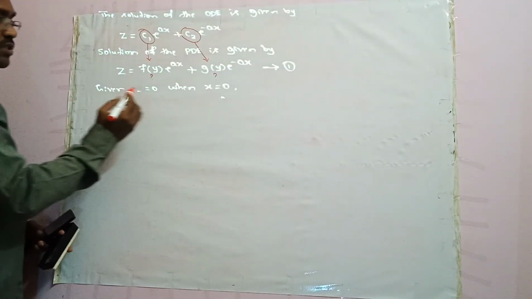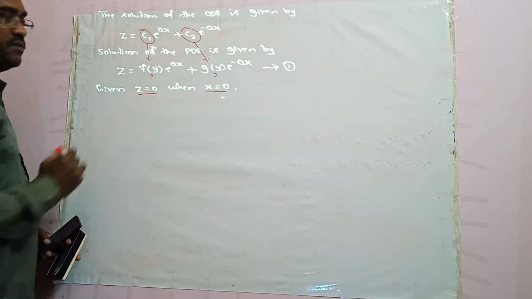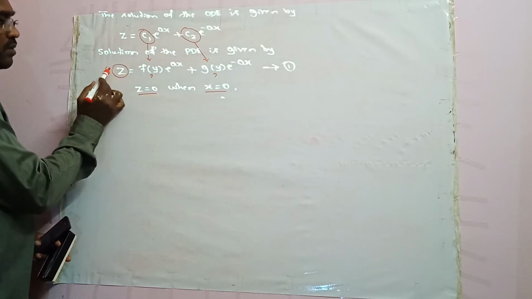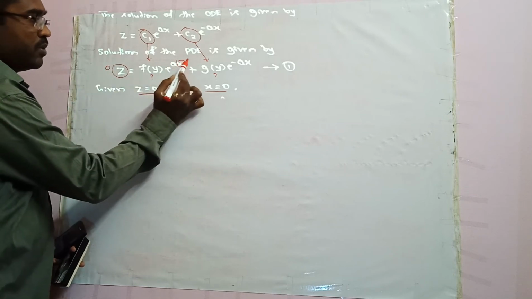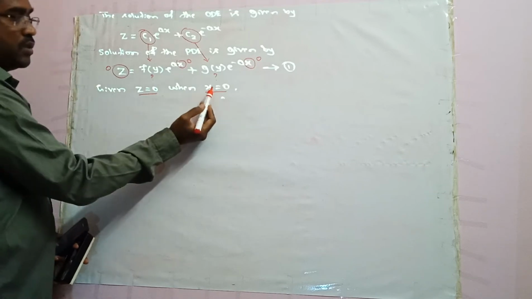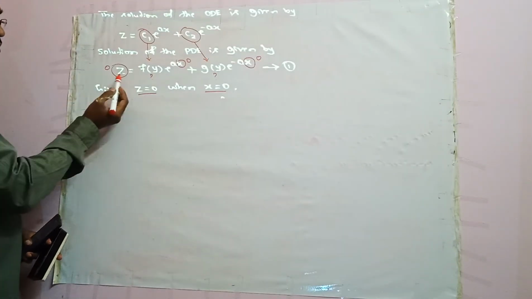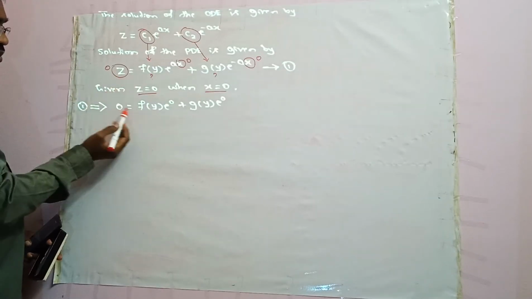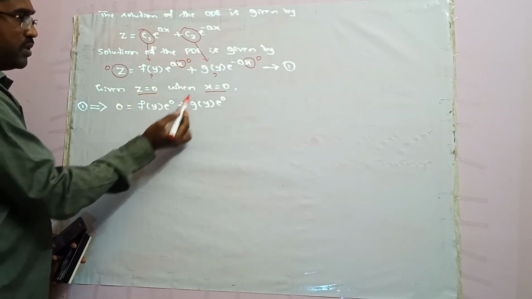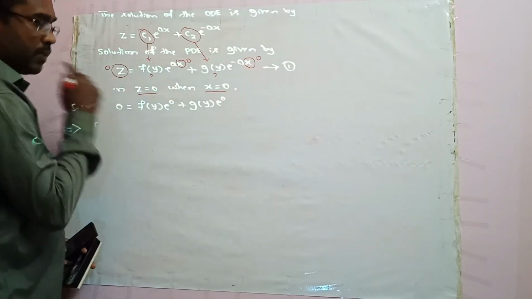What is the first condition? When x is equal to 0, your value of z is 0. Let us put x equal to 0 and z equal to 0. What we get is 0 is equal to f(y) e^0 plus g(y) e^0, because 0 into anything is 0.